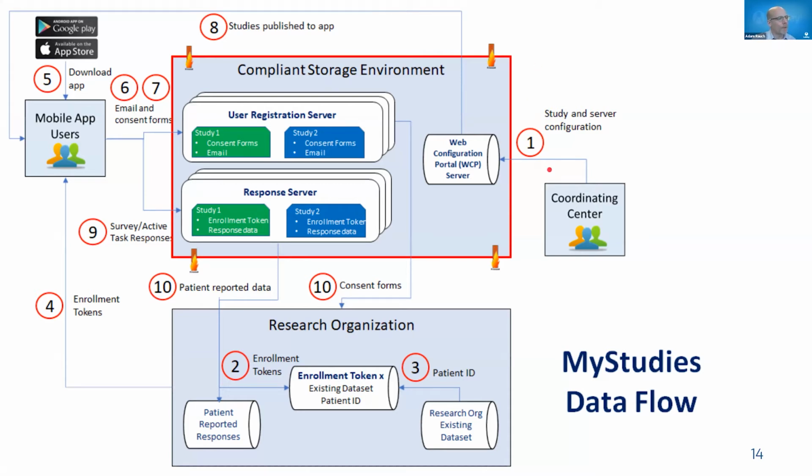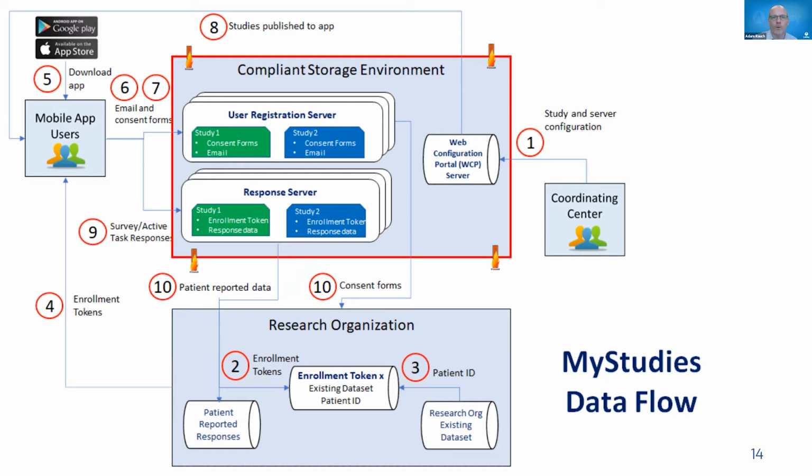So basically, as I've talked about, a coordinating center or maybe the research organization itself. It might be a coordinating center like Harvard Pilgrim or LabKey, or the research organization themselves, designs the study using the WCP. And then the research organization generates enrollment tokens from the response server. What that basically means is, these are enrollment tokens that uniquely identify each participant.